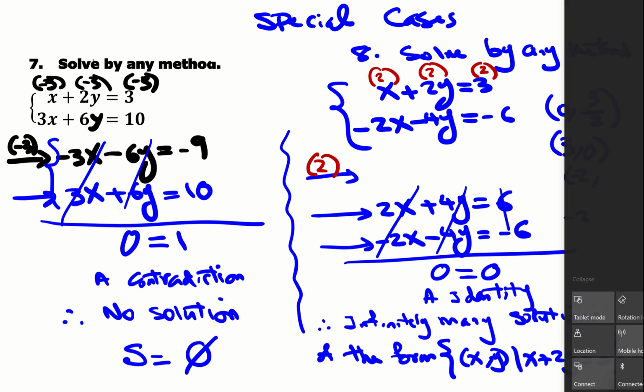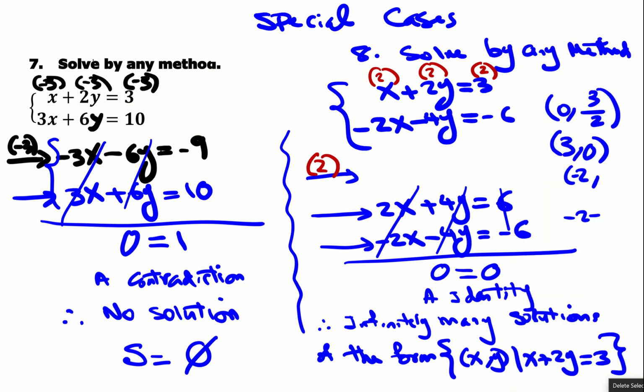So you get negative 2 plus 2y equals 3. And you go ahead and solve for y. So you get 2y equals 5. So y equals 5/2. So there is that custom solution. So anyway, you can see the choices are countless. In fact, there are infinitely many of them.